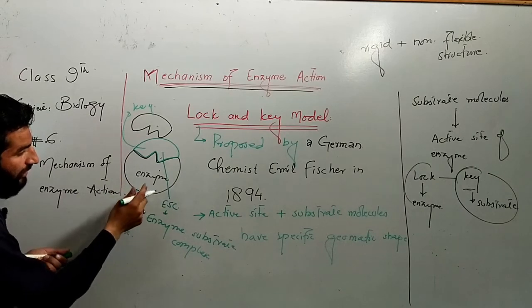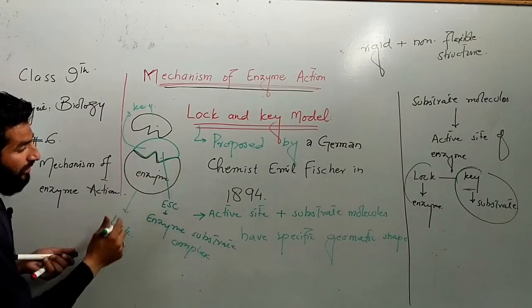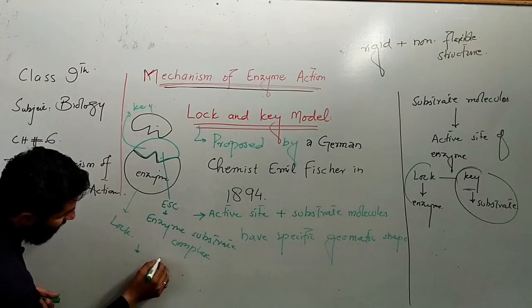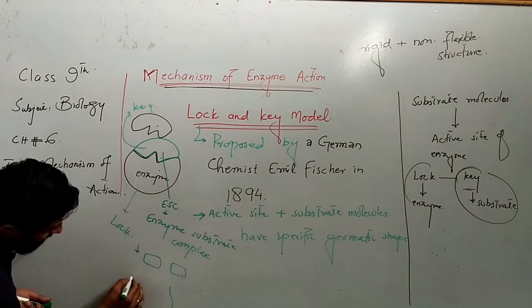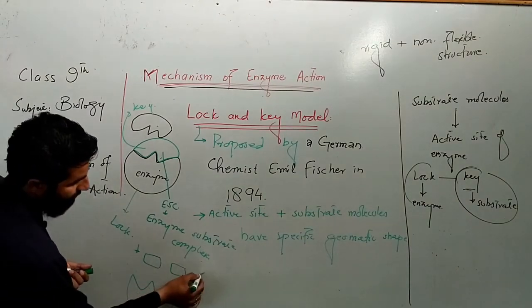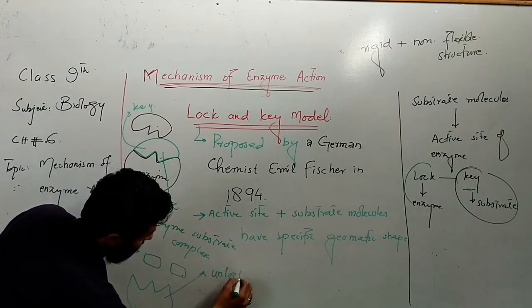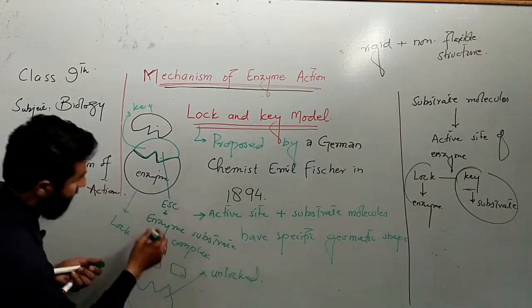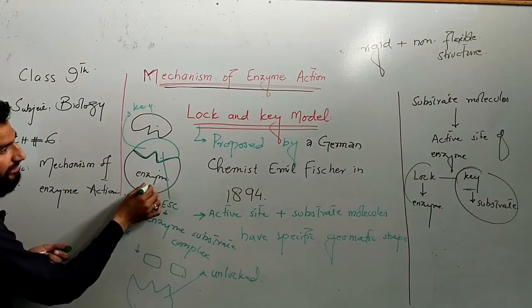After changing, the enzyme molecule activates and changes the reactant into product, just like in this manner. Suppose this is the product, and these are the enzymes. In this stage the enzyme is called unlocked, while in this stage the enzyme is termed the locked enzyme or charged enzyme.